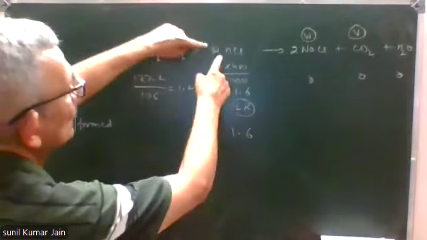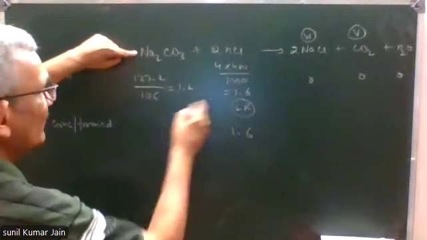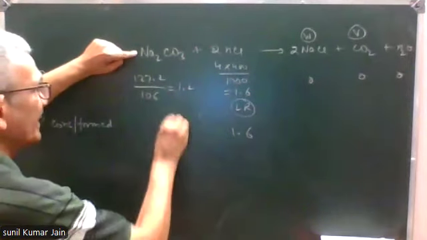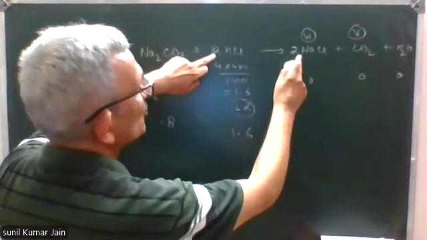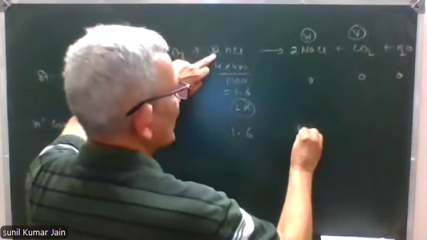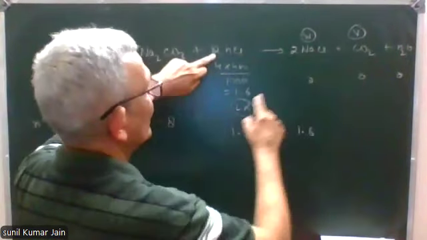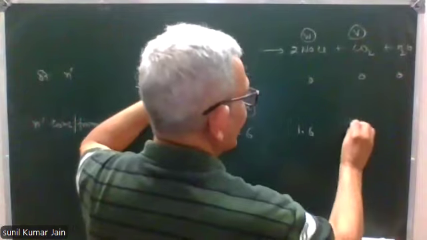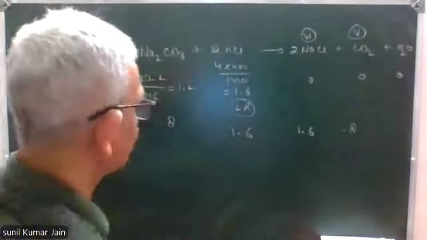I'll repeat, 2 moles will consume 1 mole, so 1.6 will consume half of 1.6, that is 0.8. This part: 2 moles will produce 2, 1.6 will produce 1.6. 2 moles will produce 1, 1.6 will produce 0.8. Water, we do not have to calculate, I'm not using that at all.